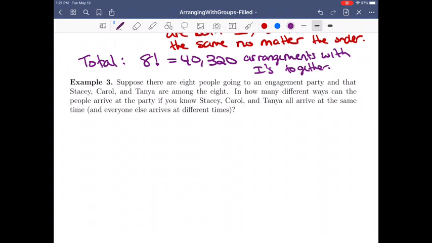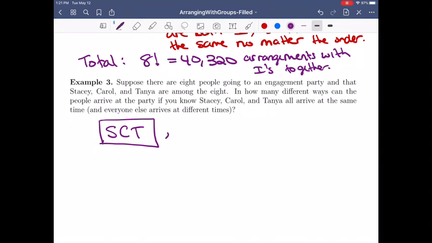So here we have 8 people going to an engagement party, and Stacy, Carol, and Tanya are part of the 8. Okay, and how many ways can the people arrive at the party if Stacy, Carol, and Tanya all arrive at the same time, and everyone else arrives at a different time? Okay, so again, we want to group Stacy, Carol, and Tanya.